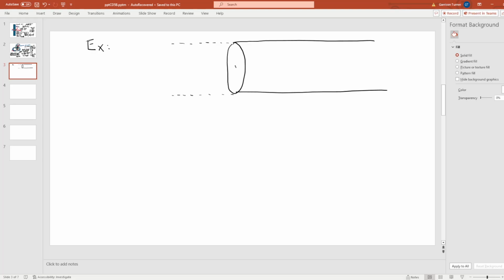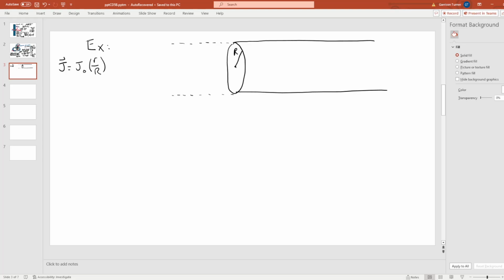And this will have a radius capital R. And now let's assume that my current density is not uniform. Okay, so let's suppose that I have a current density that looks like this.